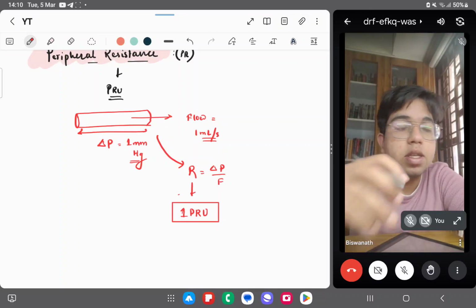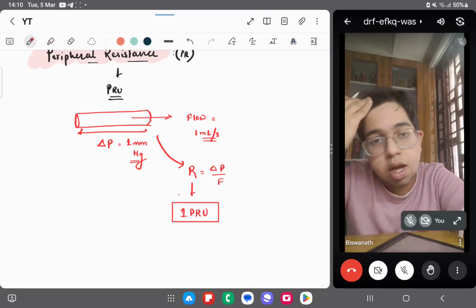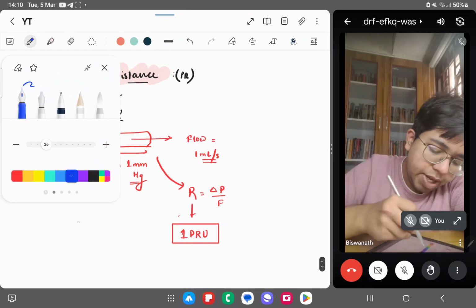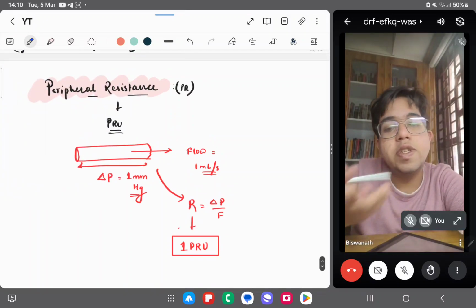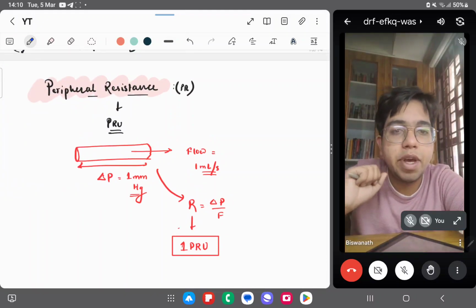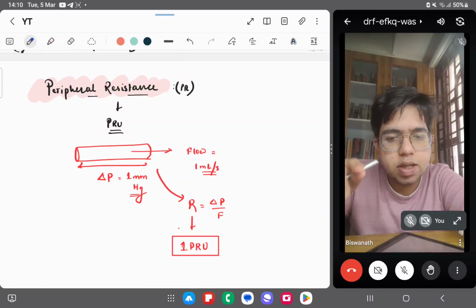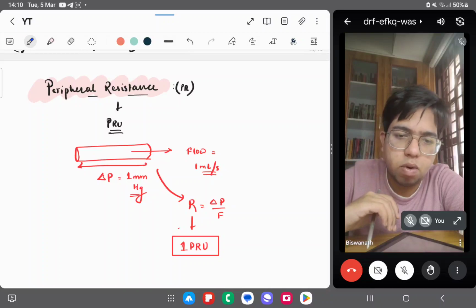Okay, ignore the background noises. This PRU is different in systemic as well as pulmonary circulation. Which circulation do you think will have more resistance, if the blood is going to just the lungs or the whole body? Whole body.